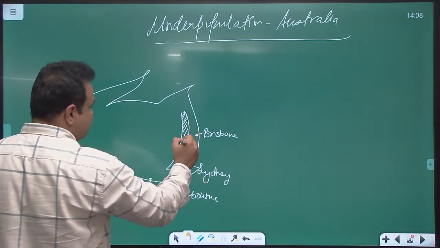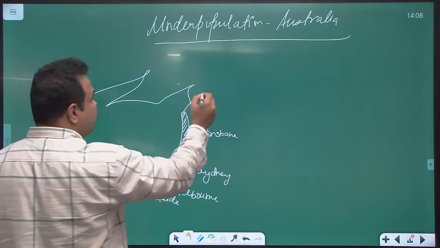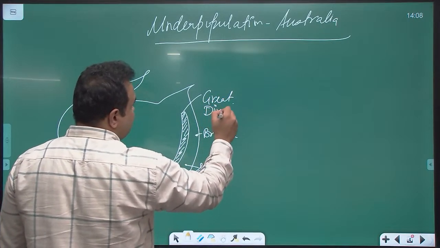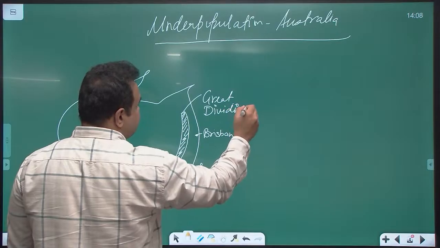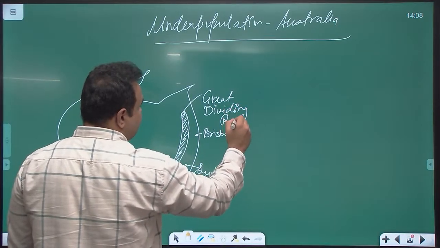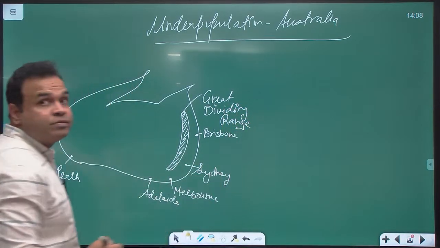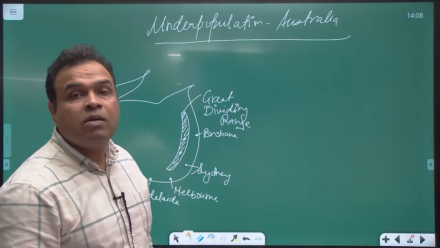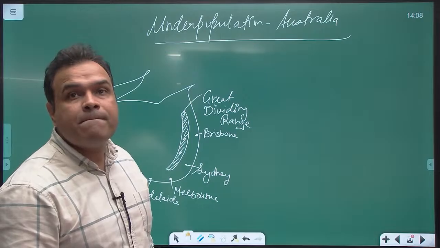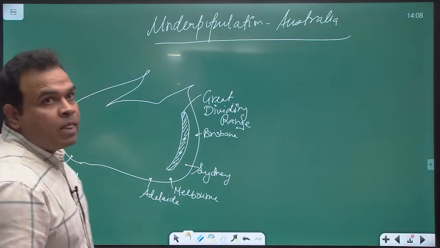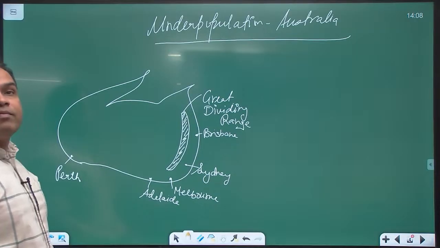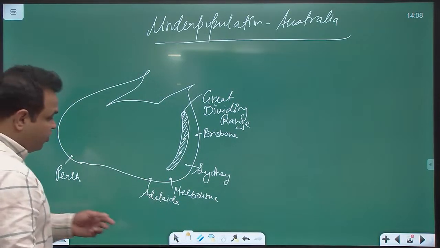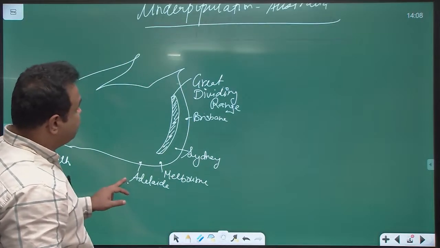Okay, this is the Great Dividing Range, one of the four mountains, called as GDR. ठीक है, GDR, Great Dividing Range, and few of the locations I have located here.